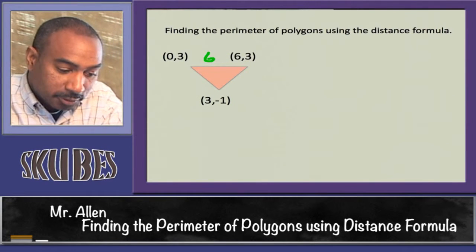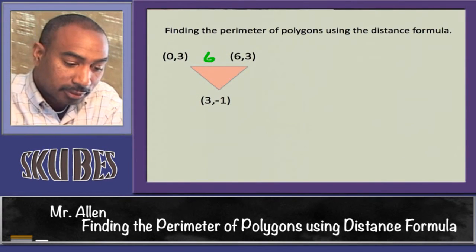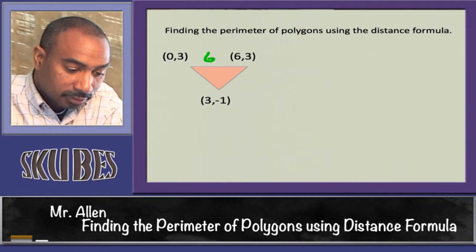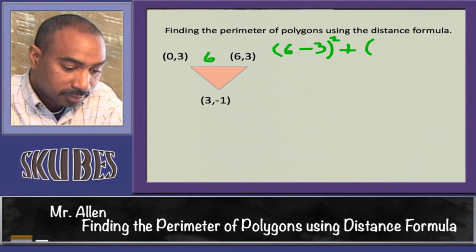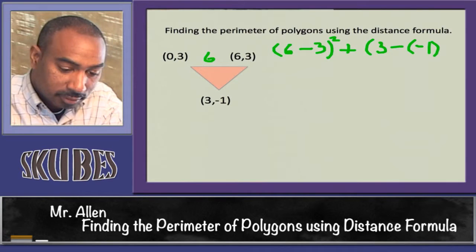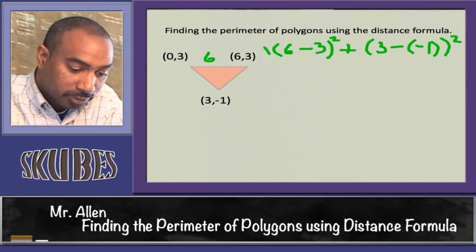Let's look at the distance between (6, 3) and (3, -1). So we're going to have 6 minus 3 squared plus 3 minus negative 1 squared, all over the square root.